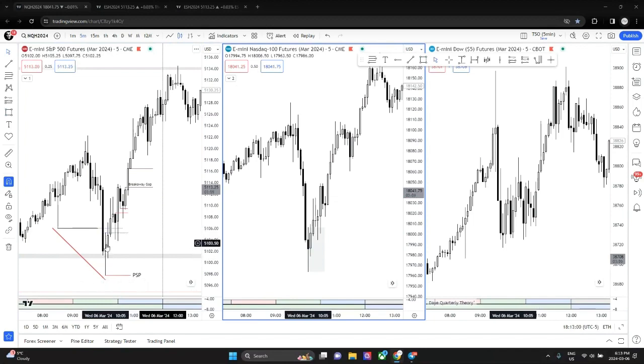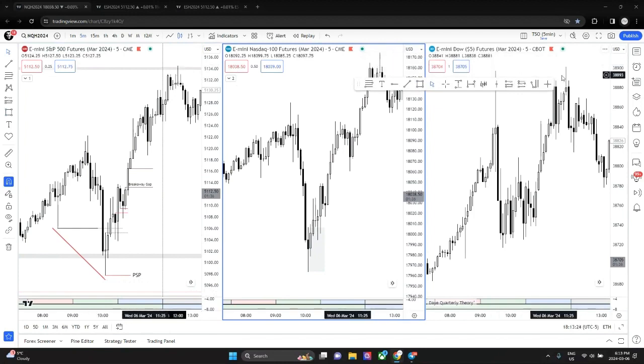So due to the fact that there's a new day opening gap here, in the S&P 500, we can use that information here, even though it's not visible here. We don't have to see new day opening gaps here if there's one here. And the same thing goes for if there's one here. We don't need to look on these, which you'll probably find one around this area for the Nasdaq.